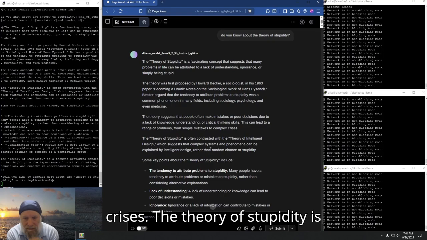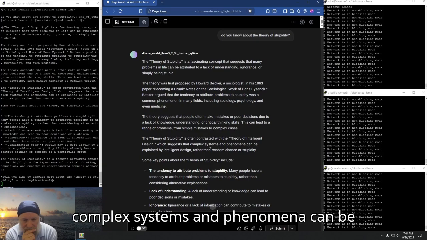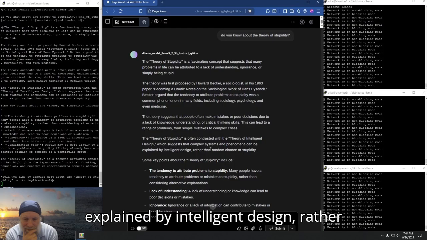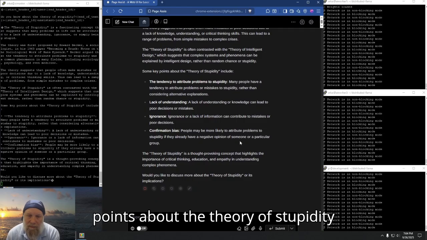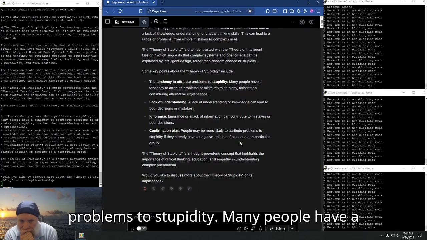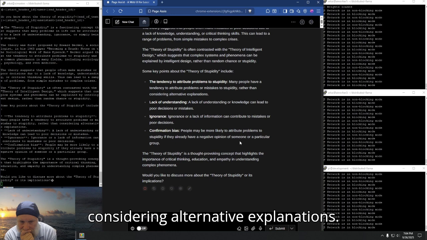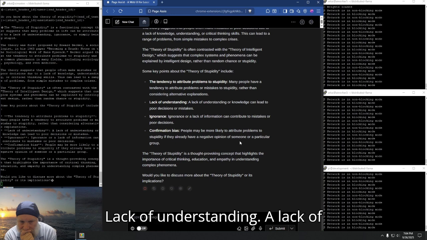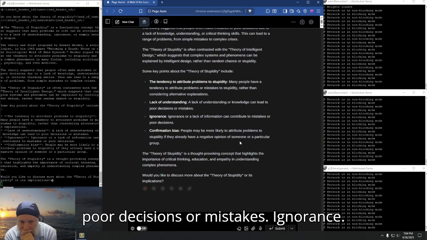The theory of stupidity is often contrasted with the theory of intelligent design, which suggests that complex systems and phenomena can be explained by intelligent design, rather than random chance or stupidity. Some key points about the theory of stupidity include the tendency to attribute problems to stupidity. Many people have a tendency to attribute problems or mistakes to stupidity, rather than considering alternative explanations. Lack of understanding. A lack of understanding or knowledge can lead to poor decisions or mistakes.